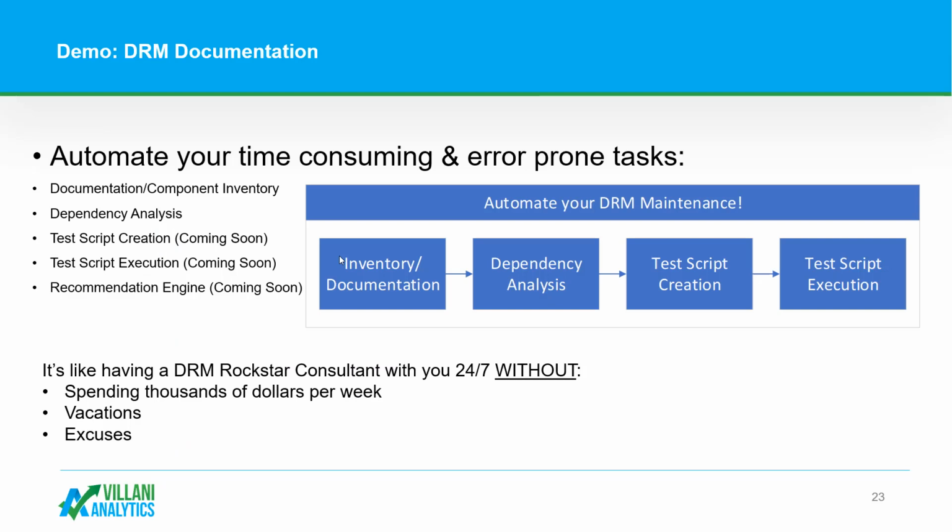So from the DRM standpoint, we talked about automating the inventory and documentation aspect of DRM. So we actually broke this utility out into 4 pieces. There's inventory creation or documentation. We said, well, where else can we go with this based on if we know what's in the system, what other aspects can we automate?